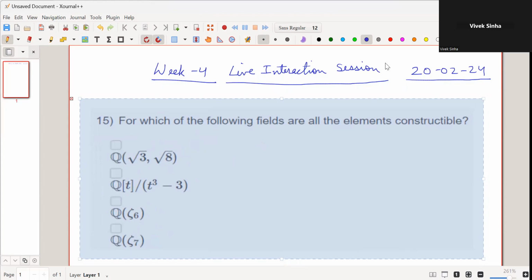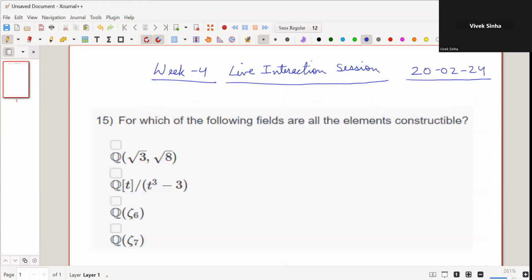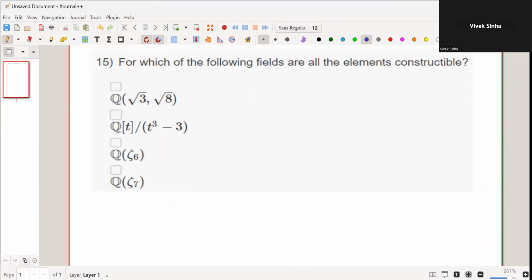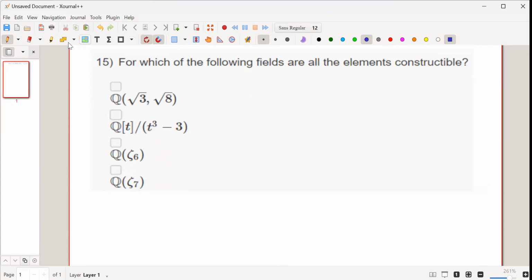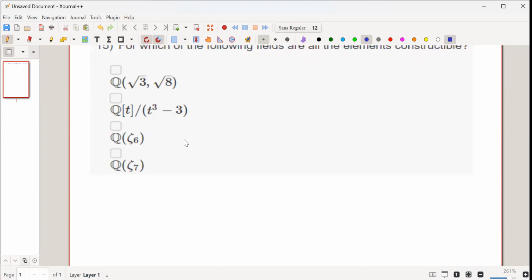Here we have to choose the fields in which every element is constructible. So first of all, this Q root 3 root 8. We know all rational numbers are constructible, right? So the only thing to see is whether root 3 and root 8 are constructible or not.